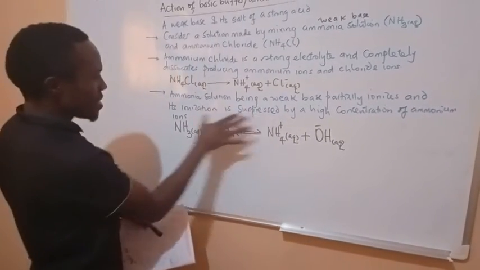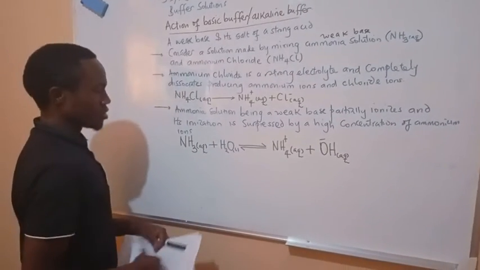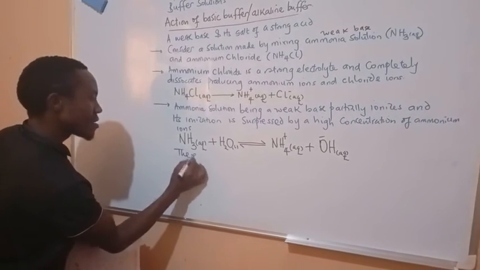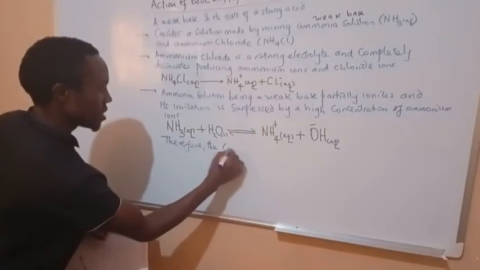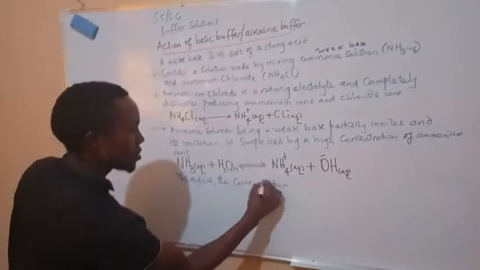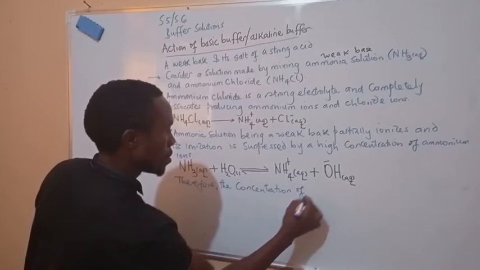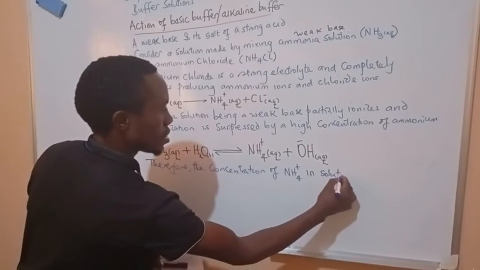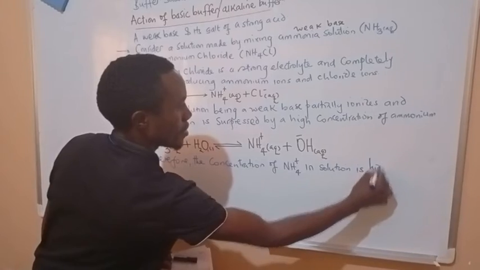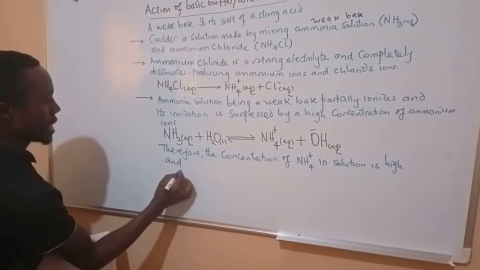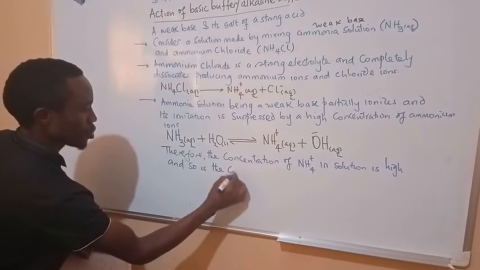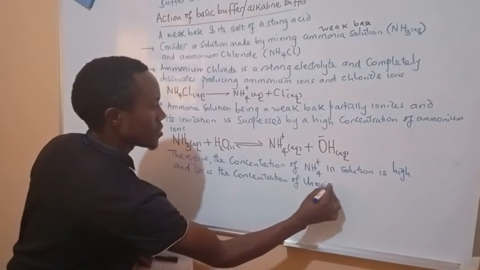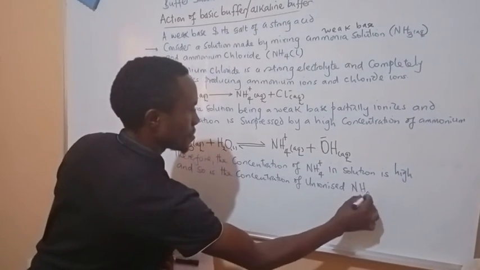But with the ionization of ammonia solution suppressed by the high concentration of ammonium ions, this would imply, therefore, that the concentration of ammonium ions in solution is high, and so is the concentration of unionized ammonia molecules.